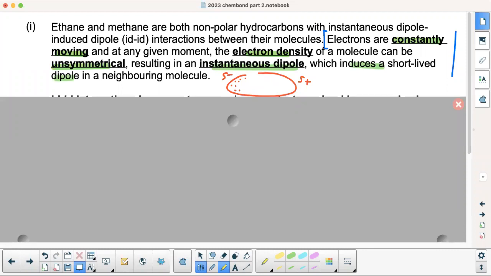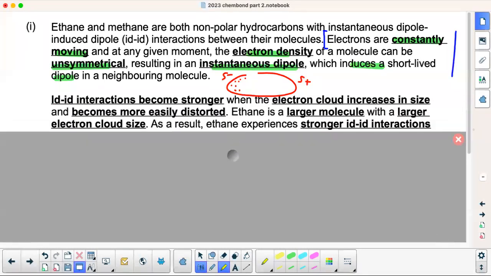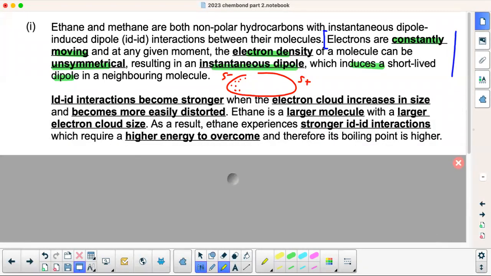Did you copy it? Oh, sorry, it's a cloze passage, so you just have to fill in the blanks. I thought the next question must be copied down, but I think for this one I gave you things to fill in. ID becomes stronger when the electron cloud increases.